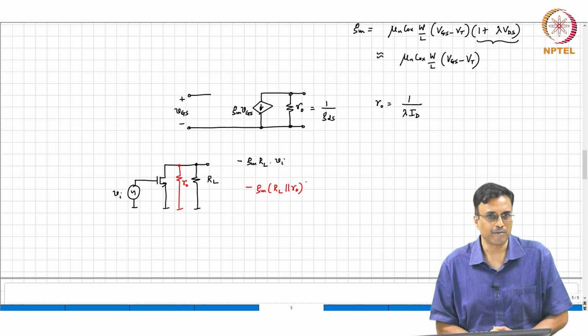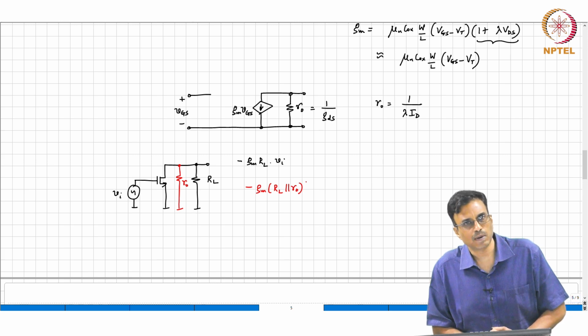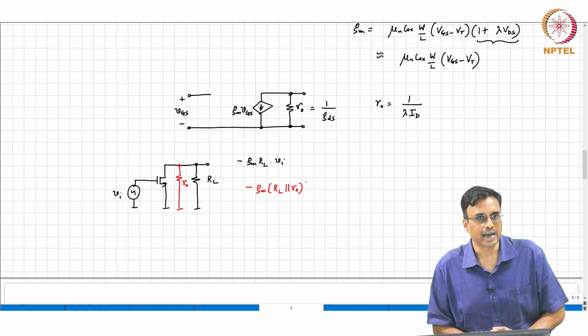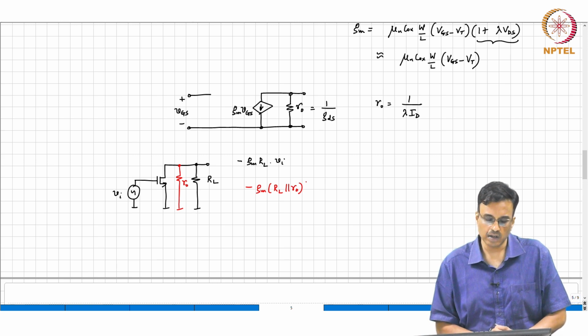If you had the freedom to change RL, what was the maximum incremental gain that you could get? Infinite. Earlier in principle, if you made RL an open circuit, the DC gain that you would get would be infinite. Now, what is happening?